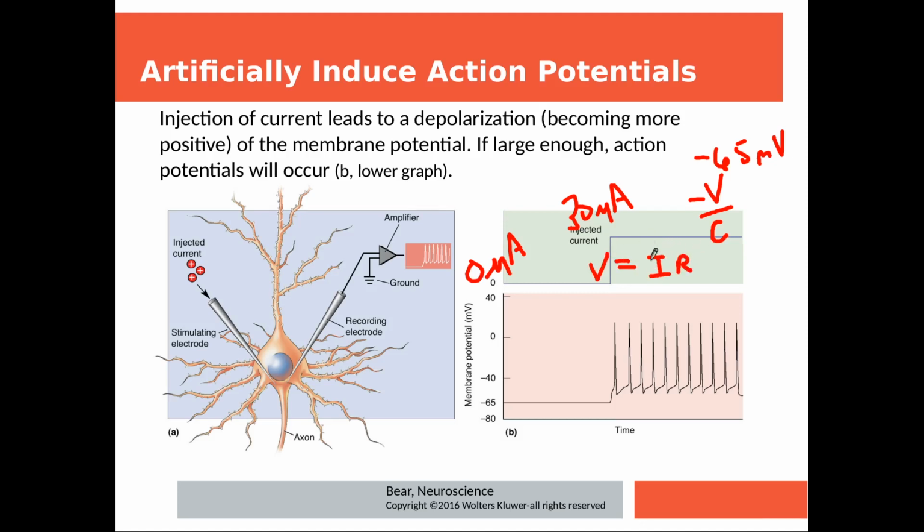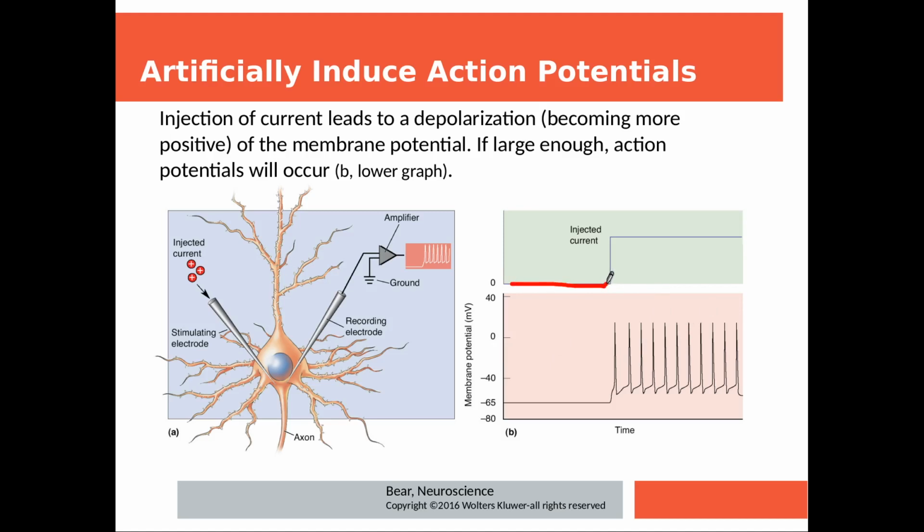So yeah, okay, it should probably be milliamps, not microamps, depending on how much you want to move the membrane potential. You don't want to kill the cell by burning it, frying it.